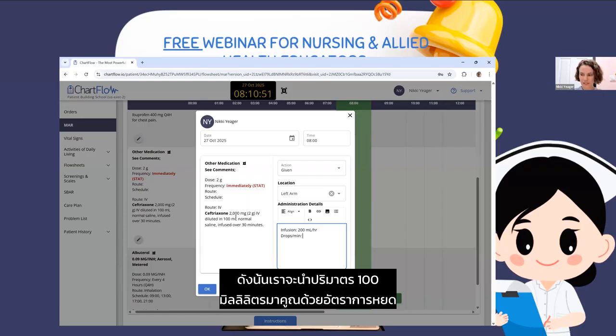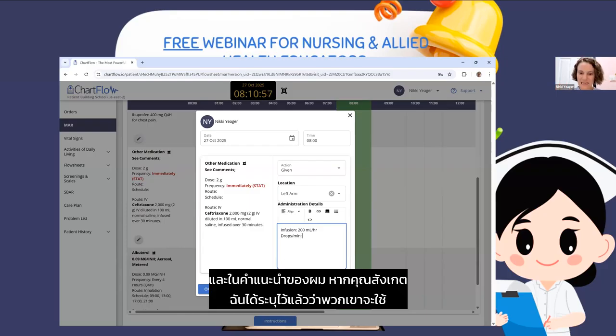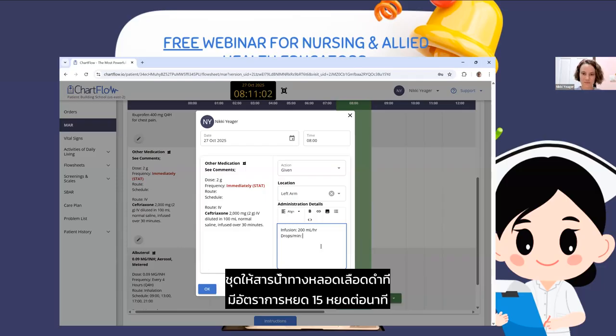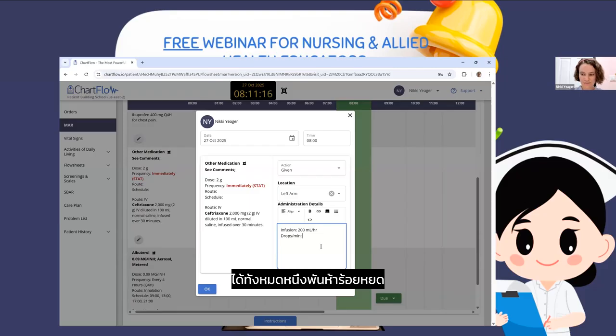We're going to multiply it by the drop factor. In my instructions, if you noticed, I did point out that they are going to be using IV sets that are 15 drops per milliliter. So we have that standardized for them. So 100 milliliters times 15 will give us a total of 1,500 drops.